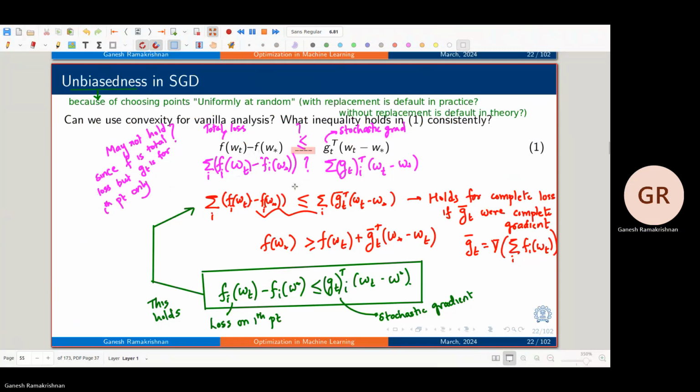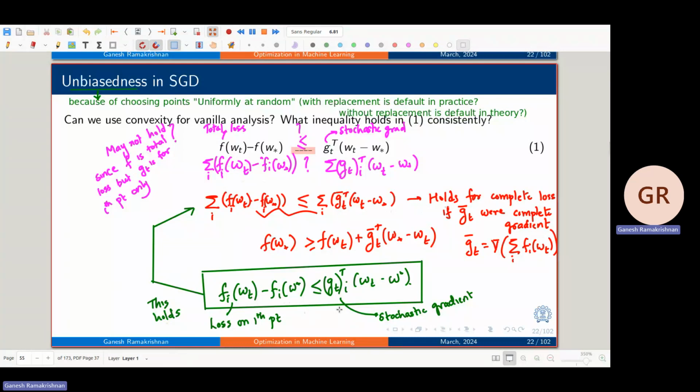Right. So I know that the summation holds, right? Summation less than or equal. Well, I mean, this f is basically the summation of f_i. So this is fine. On the right hand side, if there is a summation, I knew there's an inequality. So this holds for the complete loss. That's if it were a complete gradient. If I have the ith point, f_i(w_t) minus f_i(w star), then also it holds.